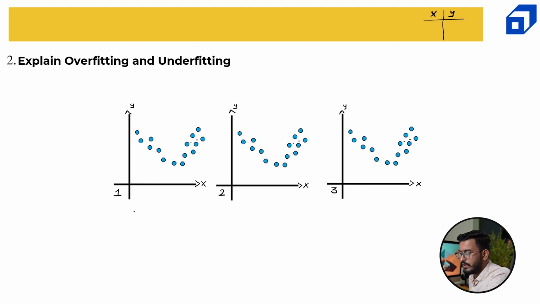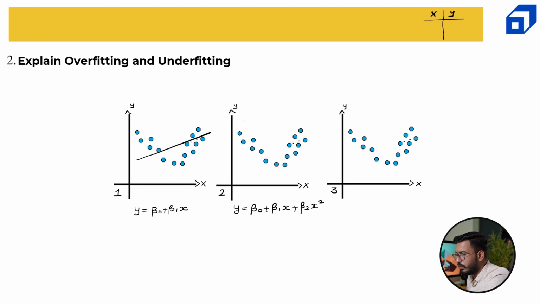For figure number 1, I am going to plot a linear model. Y is equal to beta naught plus beta 1 of x. And your linear model, you will find out, will pass something like this. For figure number 2, let's try out a polynomial model with degree 2. Y is equal to beta naught plus beta 1x plus beta 2x square.